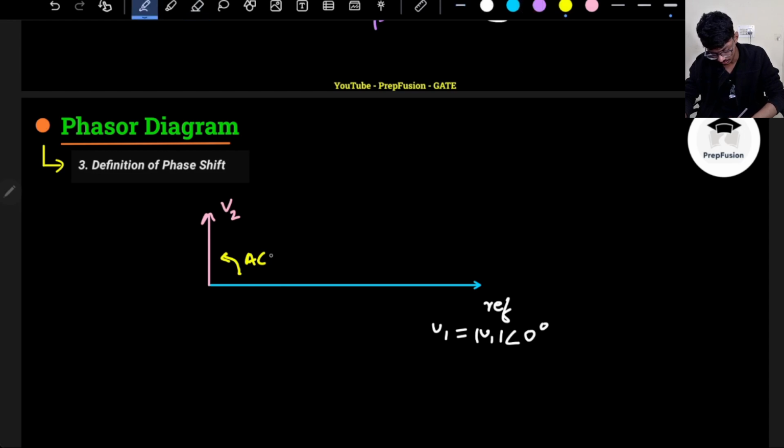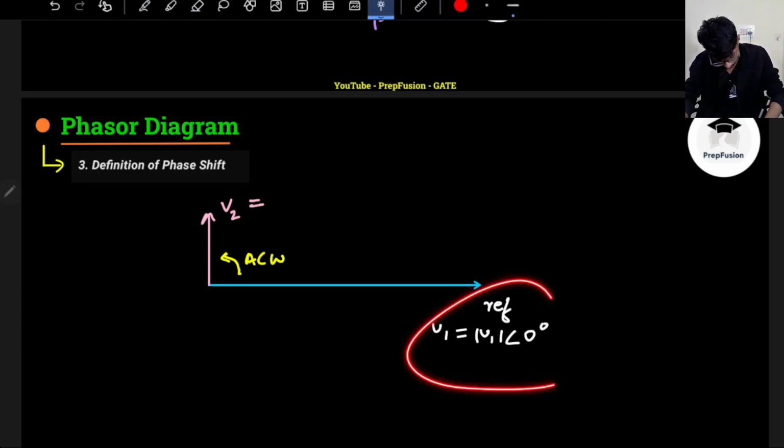Okay, so this is my v2. How can I define it in terms of v1?